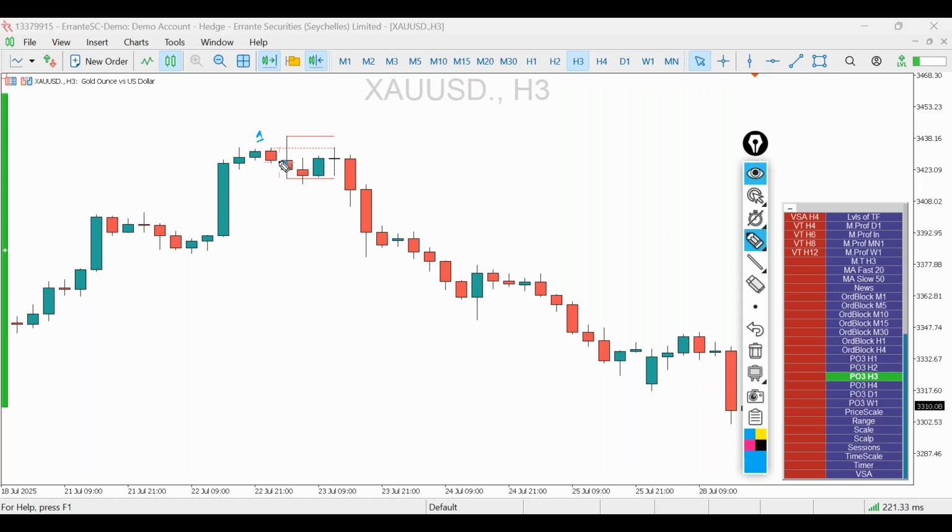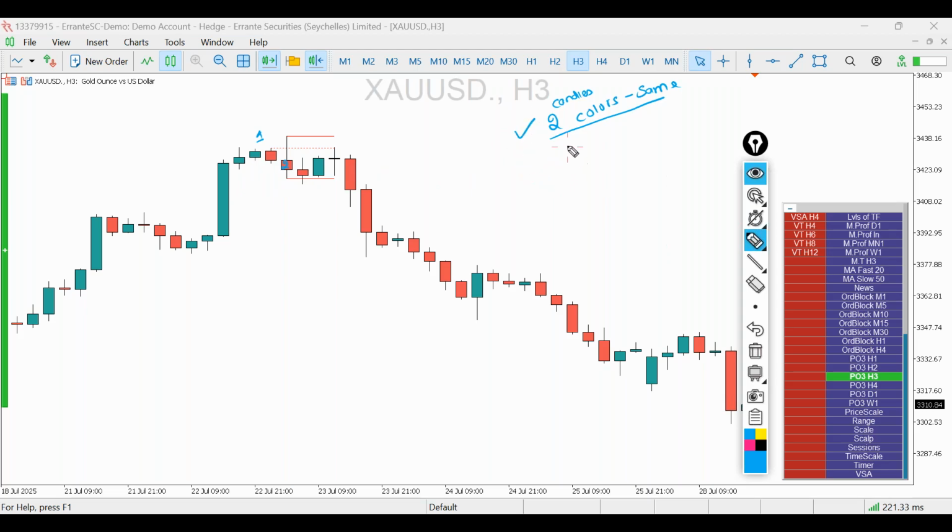Now what do we need? Two candles, colors shall be the same. In other words, two bullish or two bearish candles. What do we have over here? These are two bearish candles. So our first thing is okay.